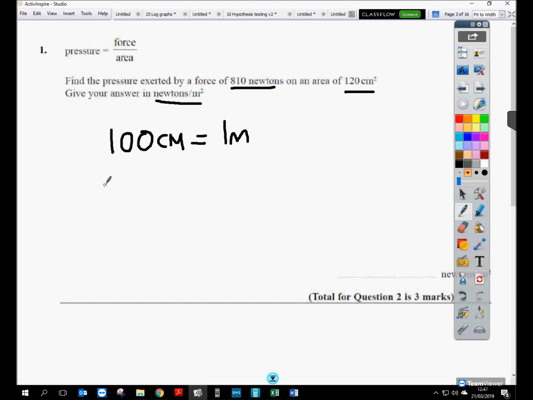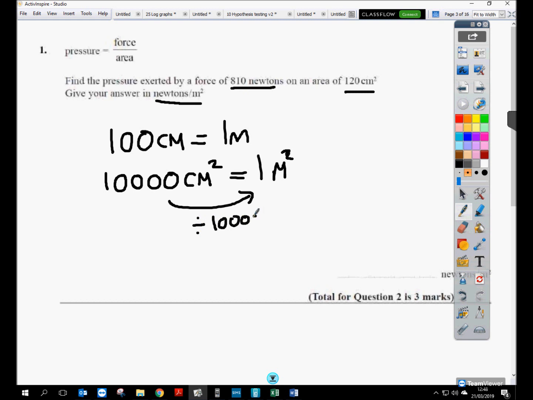If we square 100, 100 times 100 is 10,000. Square centimeters, you get centimeters squared. 1 squared is 1, and meters squared is meters squared. So this is the conversion between centimeters squared and meters squared. If I want to convert centimeters squared into meters squared, I need to divide by 10,000.